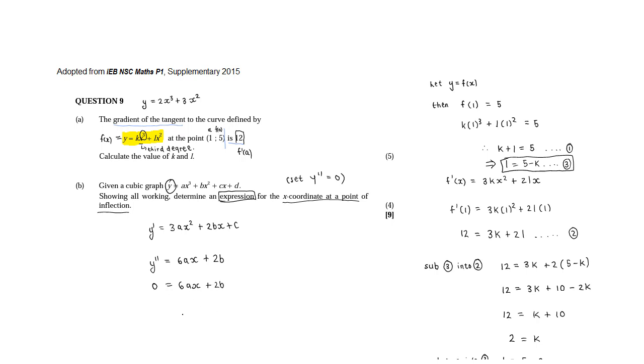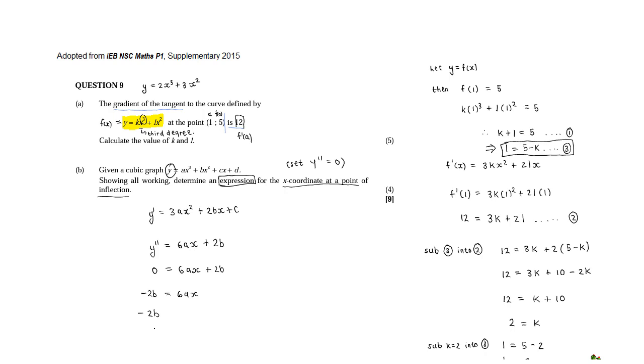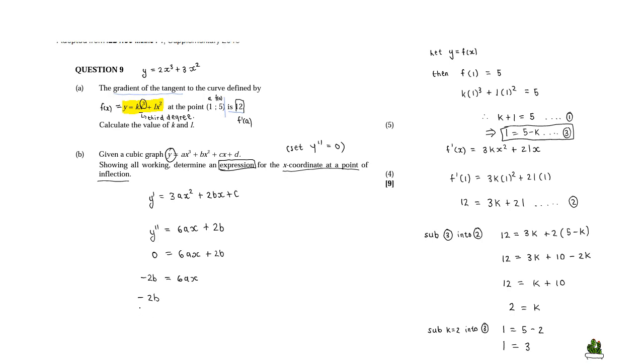We now need to solve this equation for x. So we're going to have minus 2b is equal to 6ax, so minus 2b divided by 6a is equal to x.